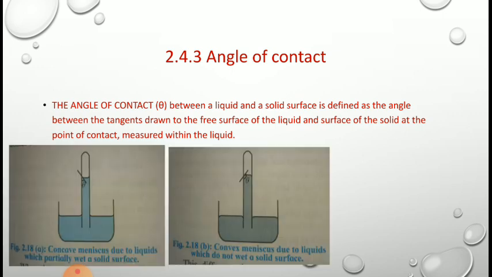In these diagrams, which are given in your textbook, in the first diagram the angle of contact is acute. The liquid forms a concave meniscus at the point of contact.